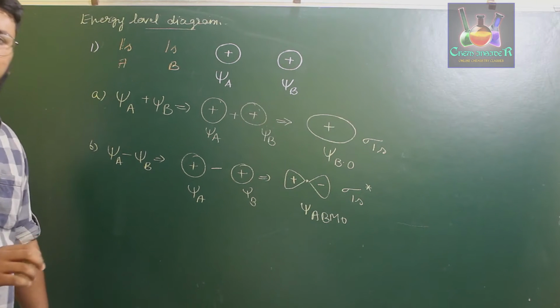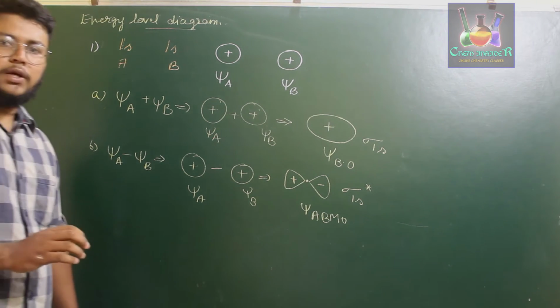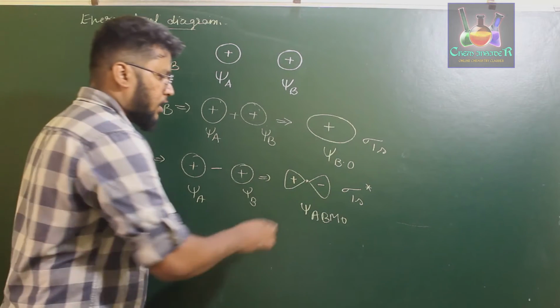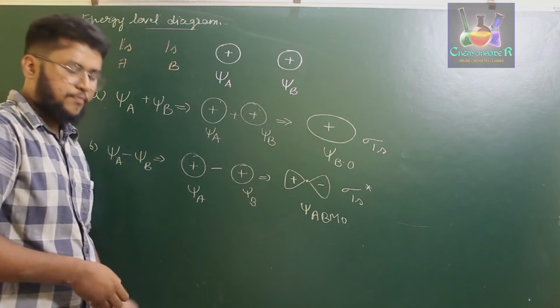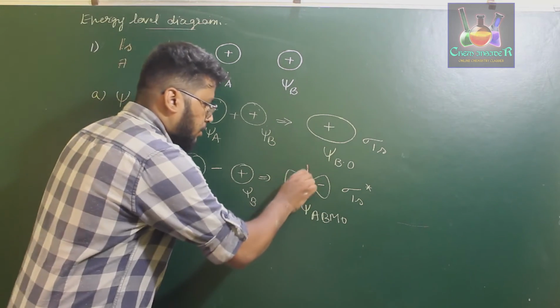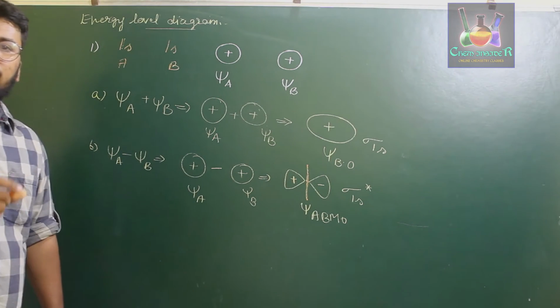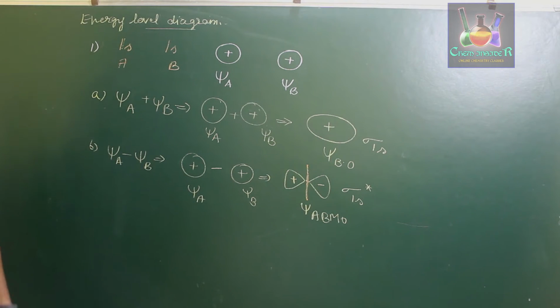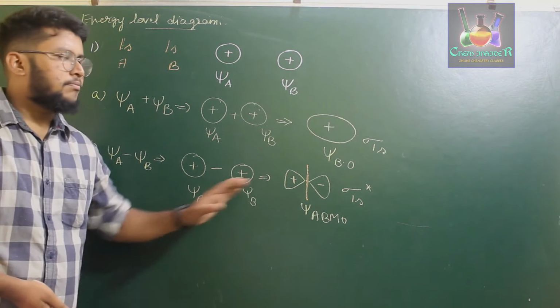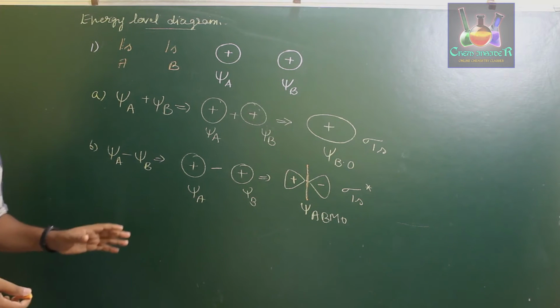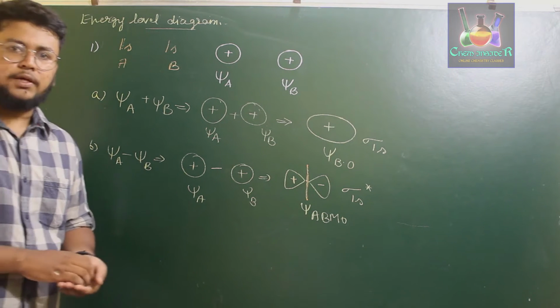If you consider the antibonding molecular orbital of the 1s orbital, it has a node present at the center. This node is nothing but the point at which there is zero probability of finding the electron. So this is how the molecular orbitals sigma 1s and sigma star 1s are formed.